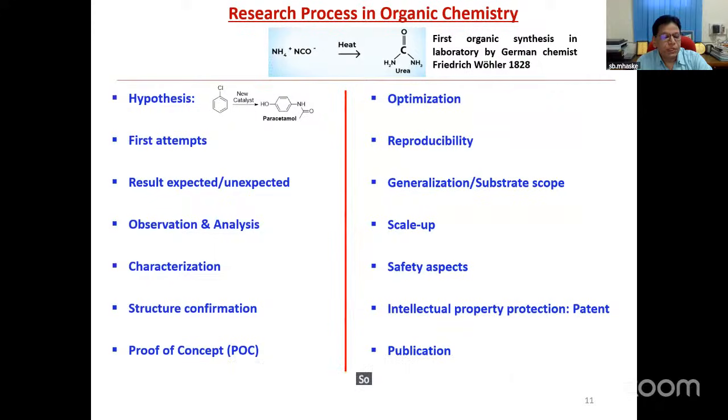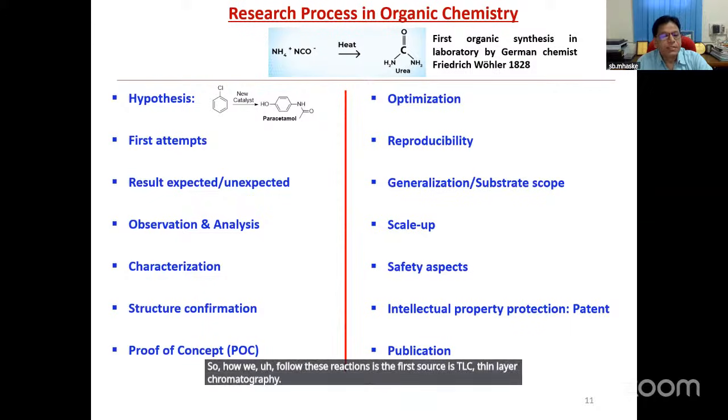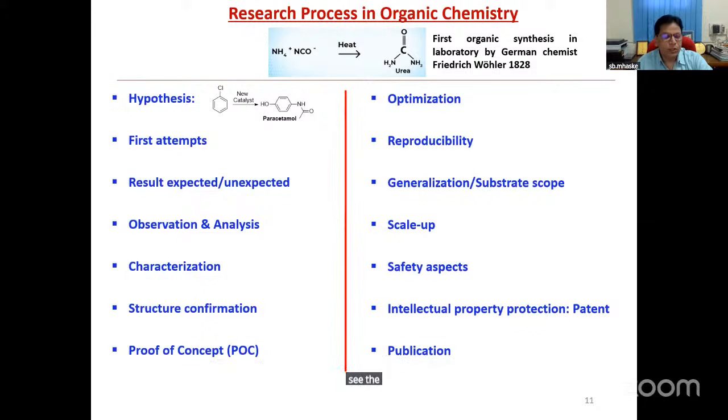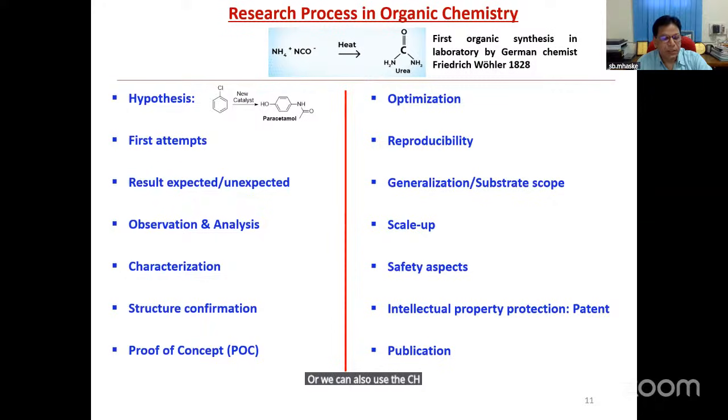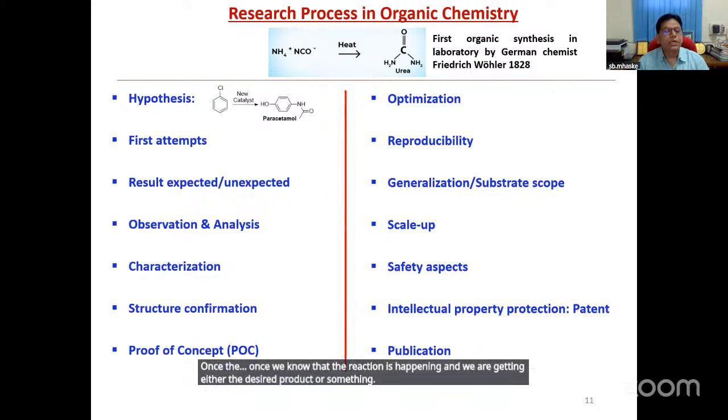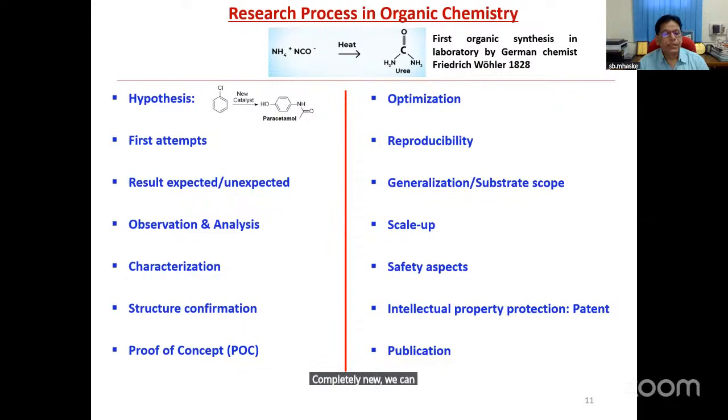How we follow these reactions: the first source is TLC, thin layer chromatography, where we can see whether the starting material is consumed or not, and whether the reaction is progressing or not. Or we can also use GC, HPLC and other methods. Once we know that the reaction is happening and we are getting either the desired product or something completely new, we can isolate and then characterize.